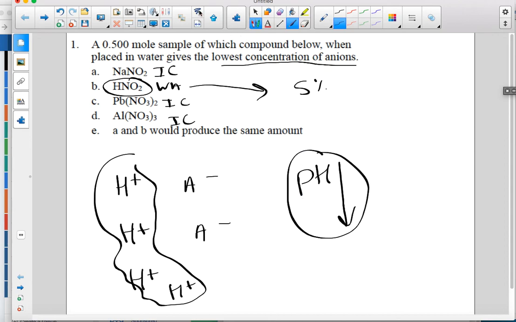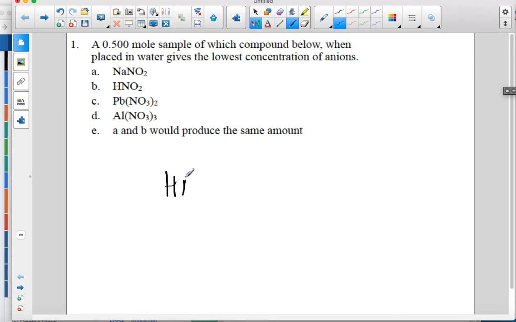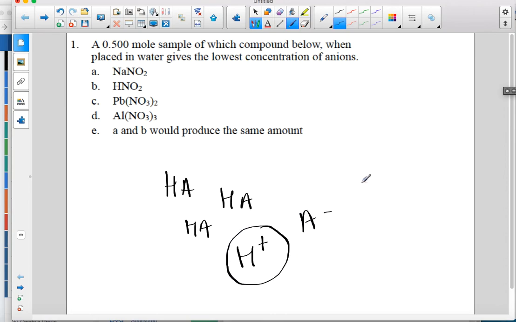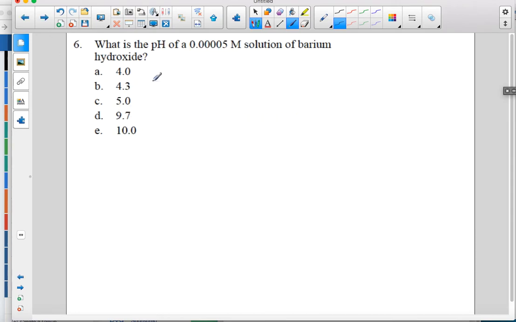Whereas if you take a weak acid, it barely breaks apart. Most of it stays together, and let's say it breaks apart less than 5%. I get very little H+, so my pH will still be acidic, but the pH will not be as low. So keep that in mind when you're comparing pHs of weak acids and strong acids. It makes a difference.